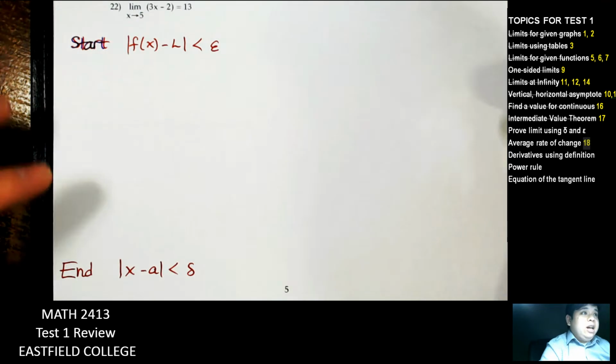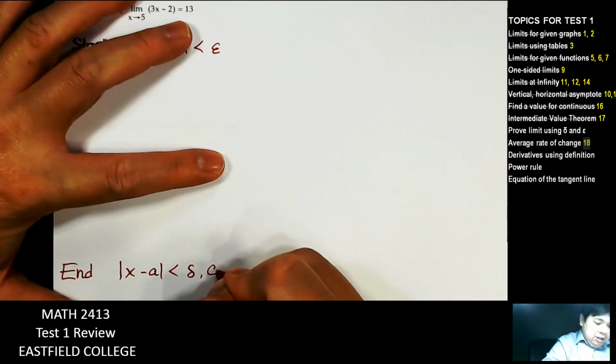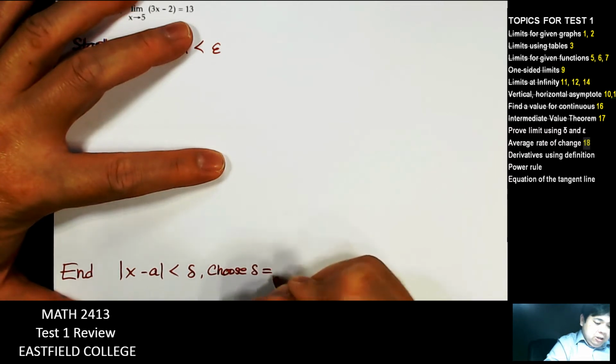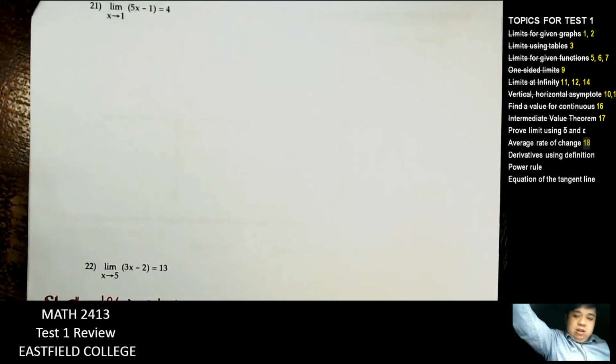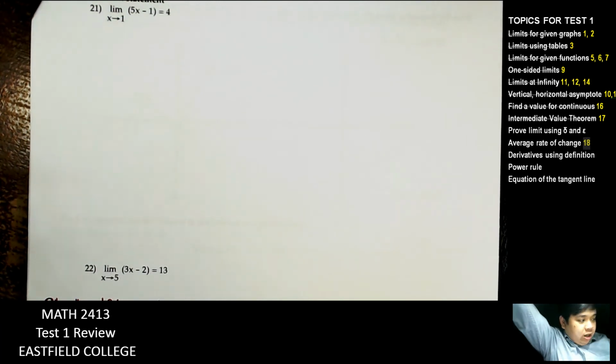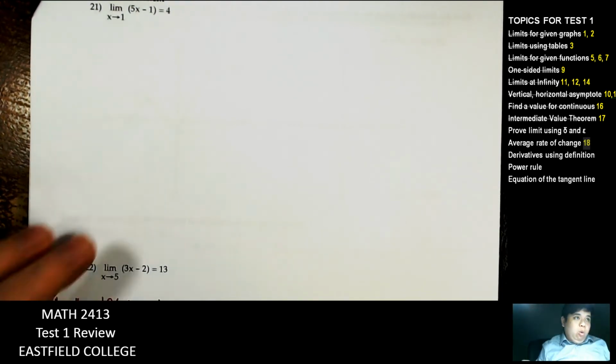From there we can say delta is equal to something. The proof itself is just one part, but like I said, it's difficult to write in that direction. So we're just going to have to do that forward and then backward.